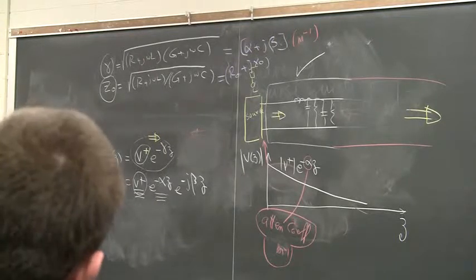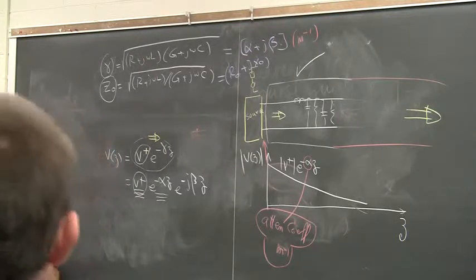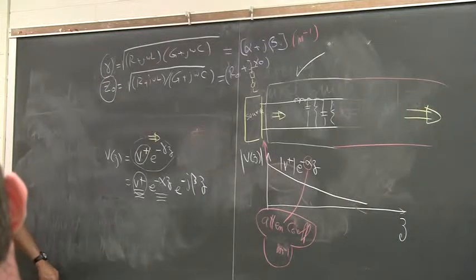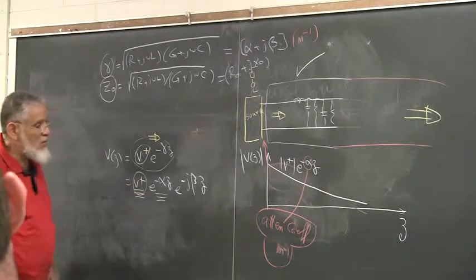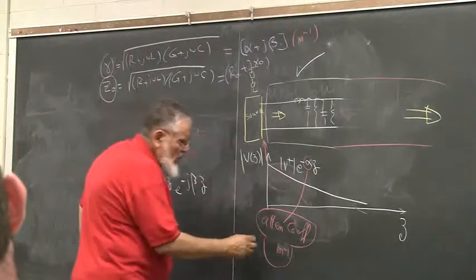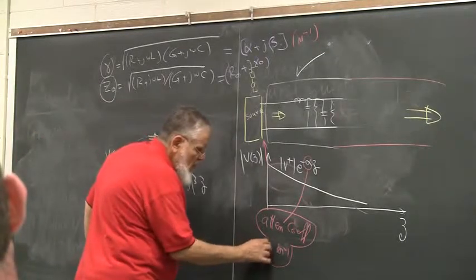But if you are given the numbers in decibels, you have to convert to Nepers to put it in that exponent, because we use the exponent of e, not the exponent of 10. So this one here is Nepers per meter.